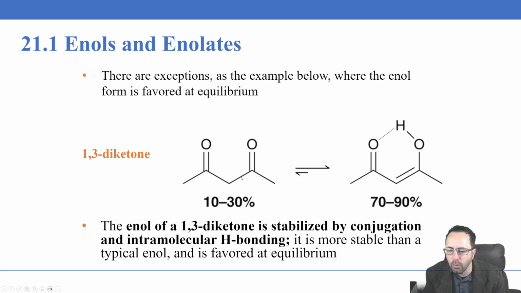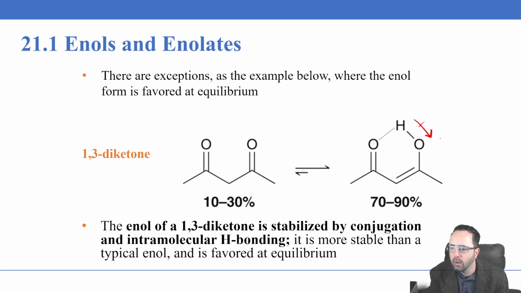Really, it's not resonance, it's more like intramolecular hydrogen bonding. So when you have the enol form, for example if this proton jumped over here onto this oxygen, we ended up with a carbon-carbon double bond here. In this enol form, you're going to have a hydrogen attached to the oxygen, and so of course you're going to have a polar bond here.